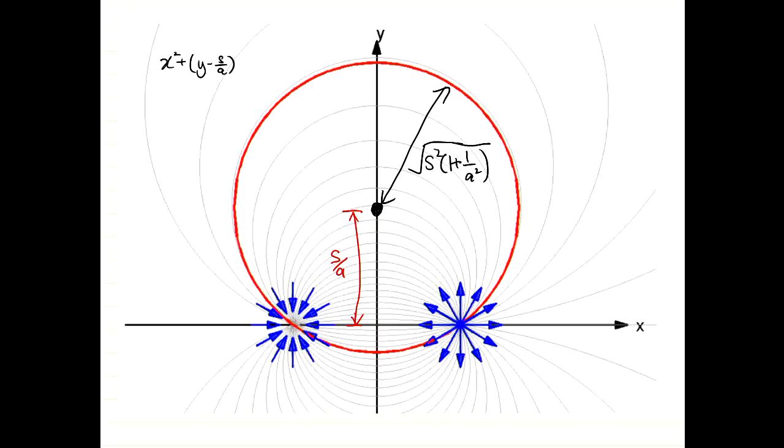Okay, and I'm just rewriting that equation there. All right, and S is basically just the spacing of your source and sink.